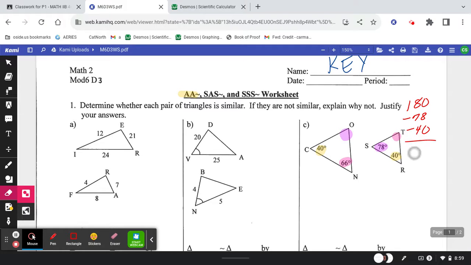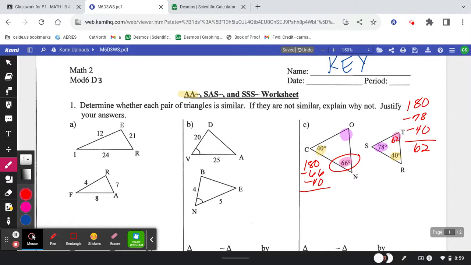And I'm getting 62. So 62 degrees means right in here is a 62, but I wanted a 66. And on this other one, 180 minus 66 minus 40 gives me, sorry, 74. And so I get a 74 over here, I get a 78 over there, I got a 62 over here, I got a 66 over here.